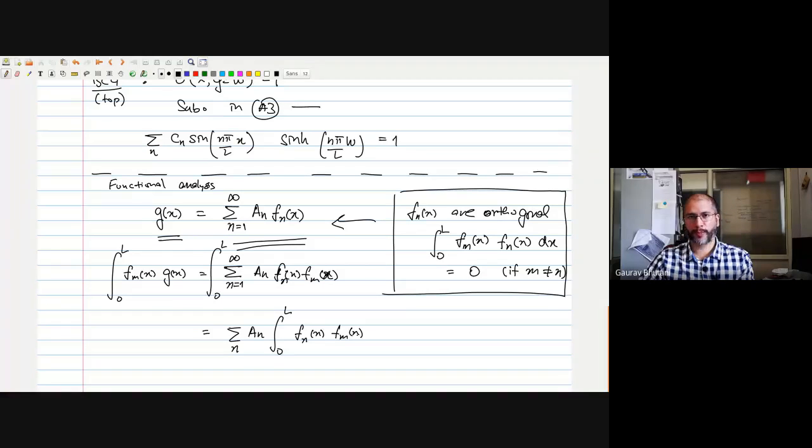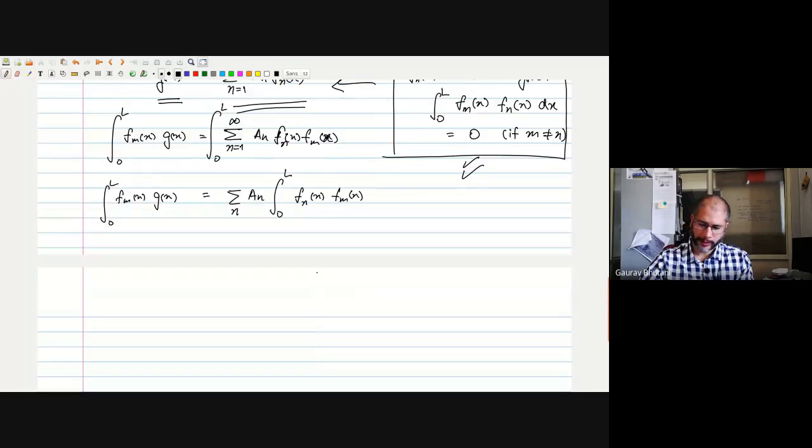So you can now expand this summation. This becomes f_1(x) f_m(x), and so on, and we'll also have one term where we have f_m times f_m. From the idea of orthogonality, the summation will be non-zero only for one of the terms. For all other terms, it will be 0. Let's go to the next page.